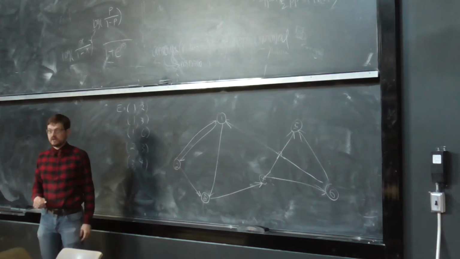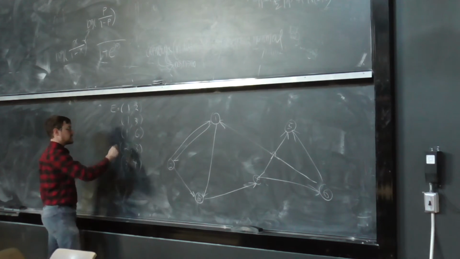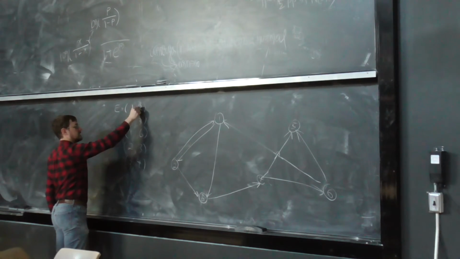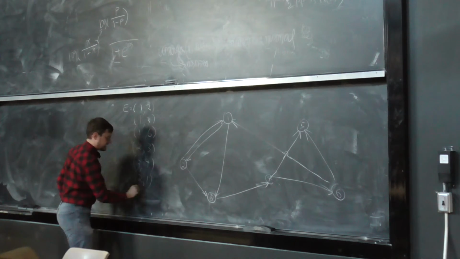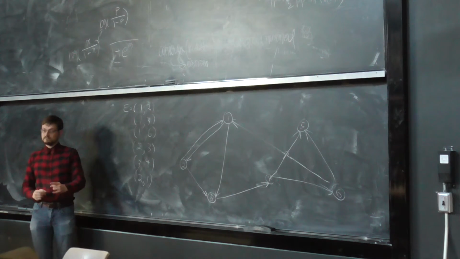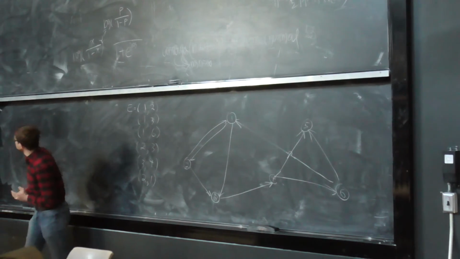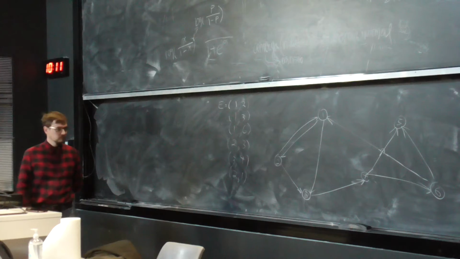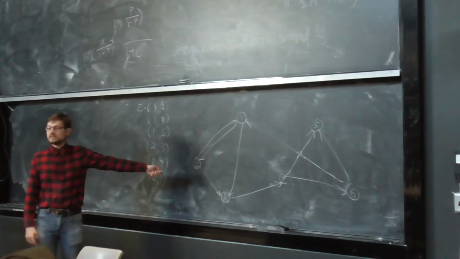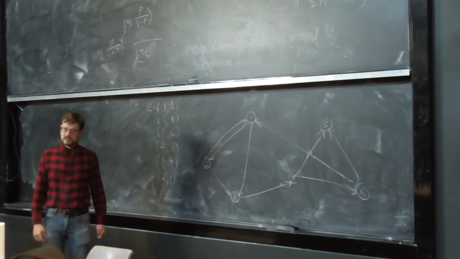It's just they will be traveling in different directions. So in this case, 1, 2 is in there, but also 2, 1 is in there. Make sense? Good. So directedness is an important property, right?